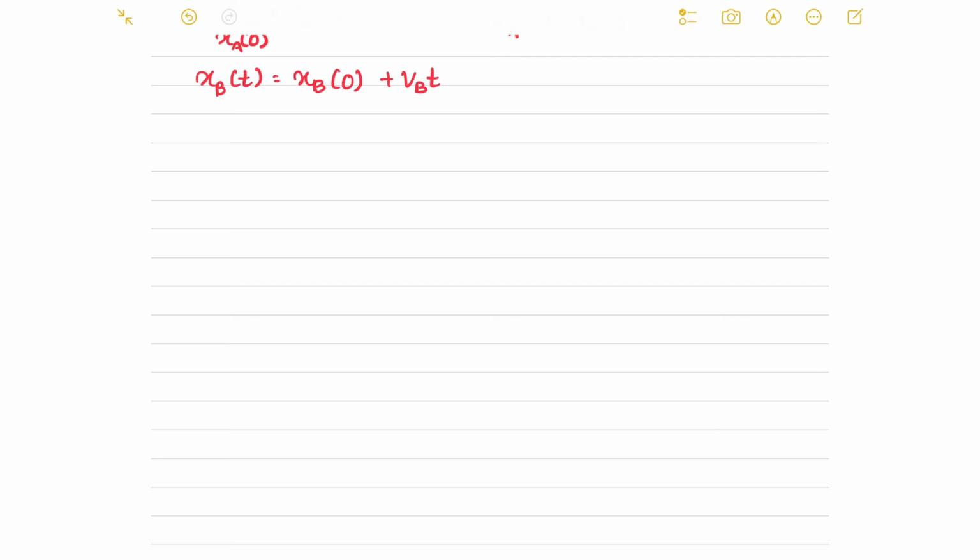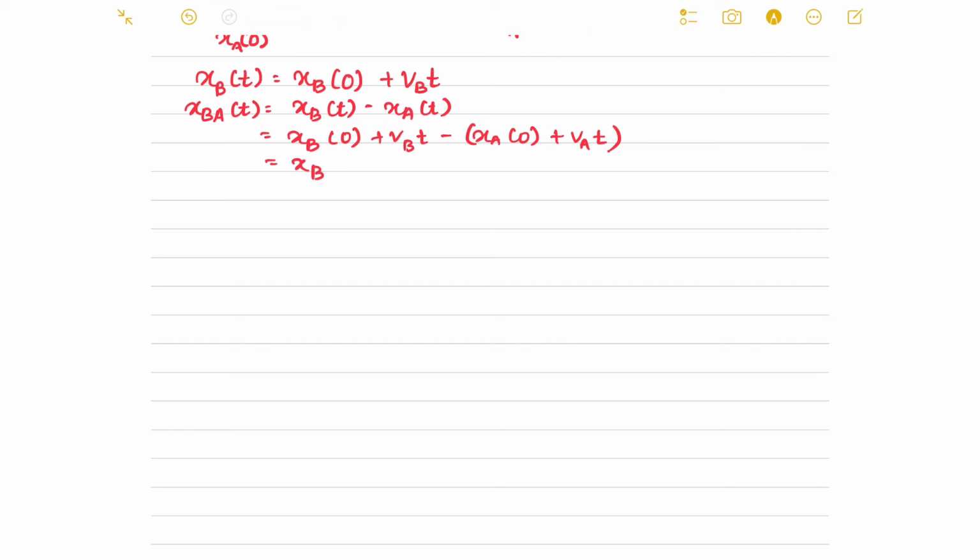So the displacement from object A to object B is given by xba at t is equal to xb at t minus xa at t. This is equal to xb0 plus vbt minus (xa0 plus vat) in the brackets, which is equal to xb0 plus vbt minus xa0 minus vat.